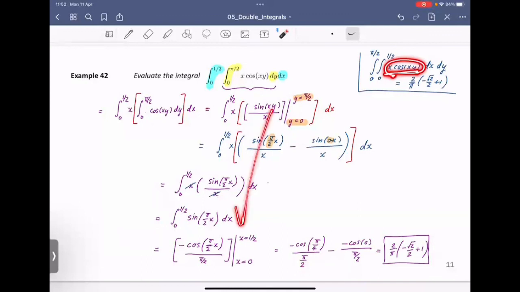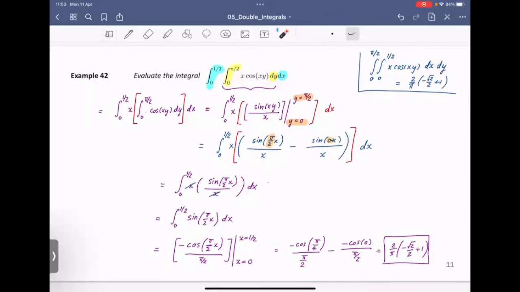So you can avoid integration by parts if you start from y. But if you do x first, you do by parts, and then you don't know what you're going to face after you integrate x, because you need to integrate with respect to y another time. So sometimes it can make a huge difference switching from dy dx to dx dy.